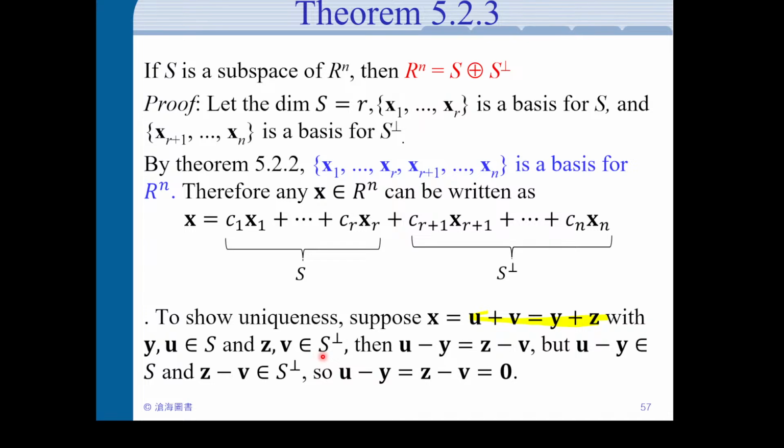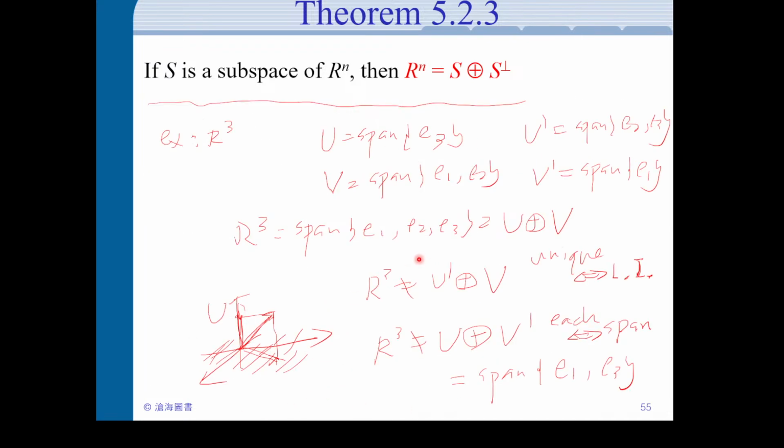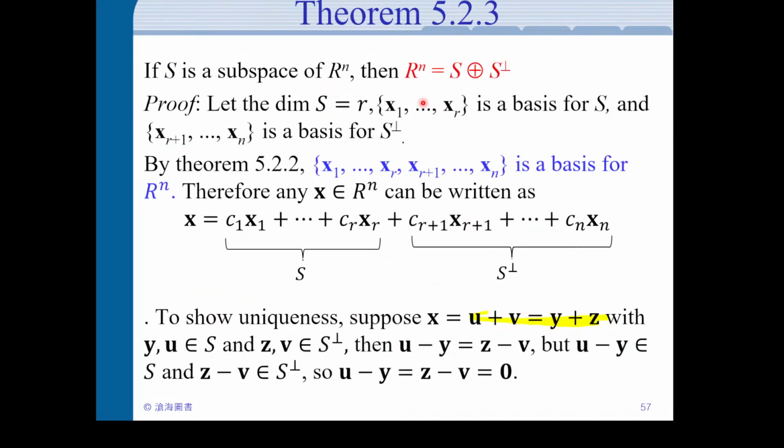Actually, if you think about this proof carefully, you see that this also works for a general abstract space. Although we haven't defined the perpendicular space over a general space, it should generalize very naturally.